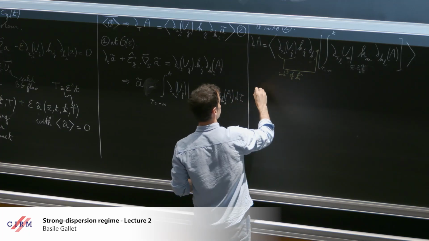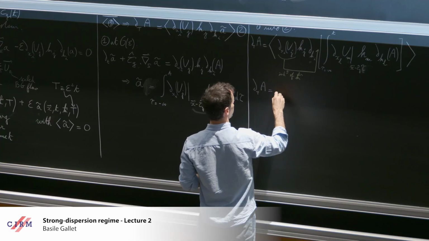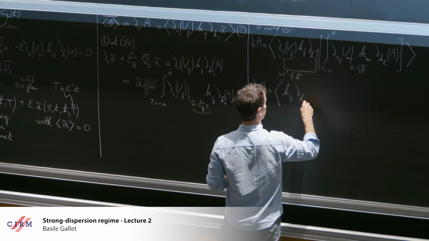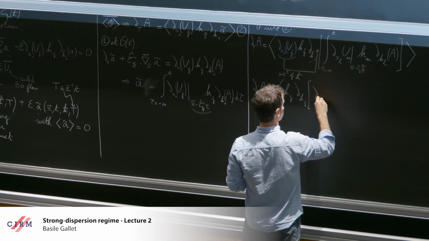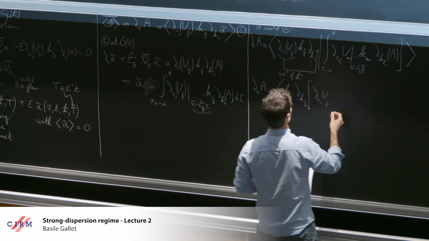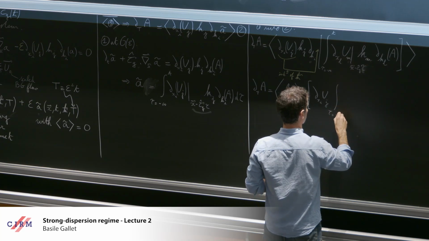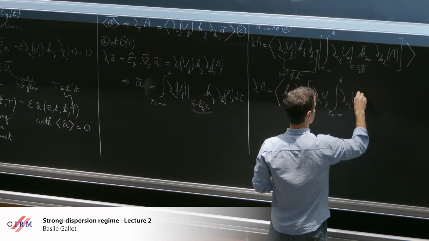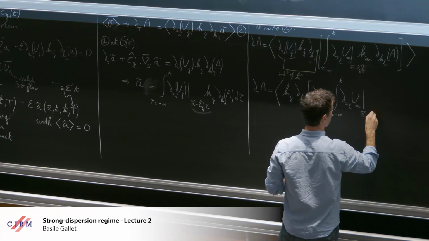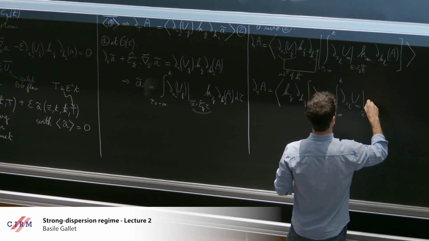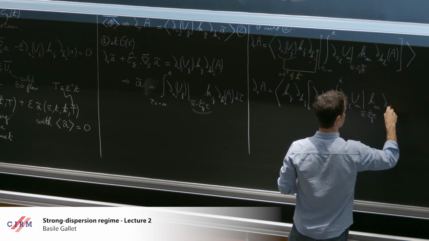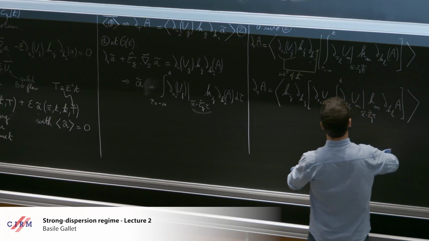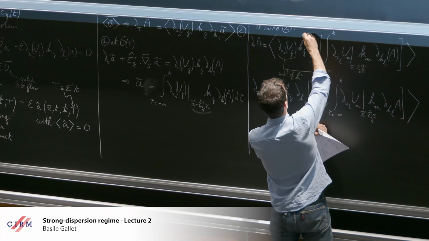So I guess I'll write an extra step here. dt of A equals kj dki of dxi uj dxl um at x minus cg tau km dkl of A. And I also have a time average on top of all this.